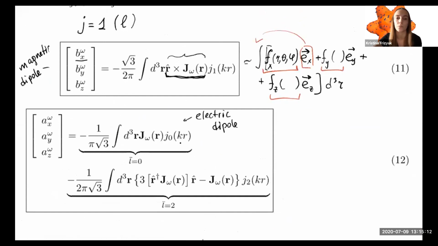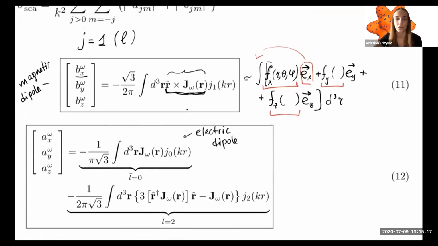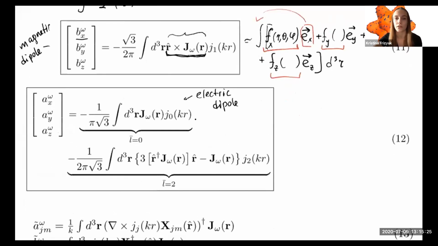But we will apply it to a sphere just because this current is given analytically. So we can obtain this current from Mie theory, put it into this formula, compute the scattered field and compare it with the results of Mie theory.